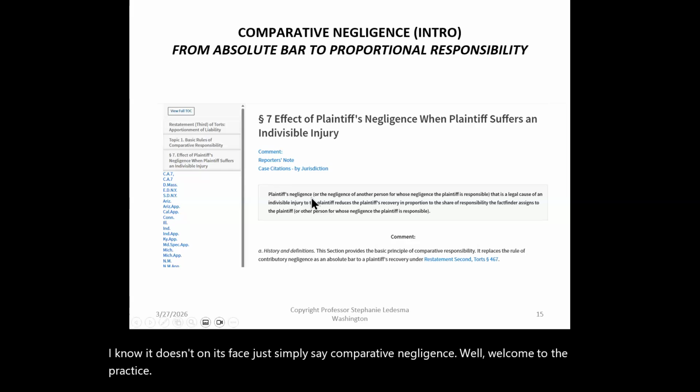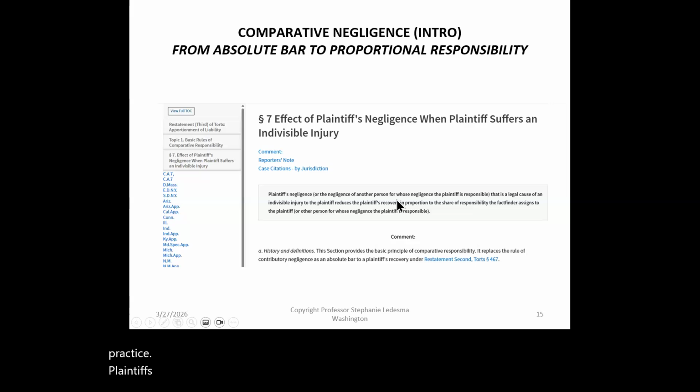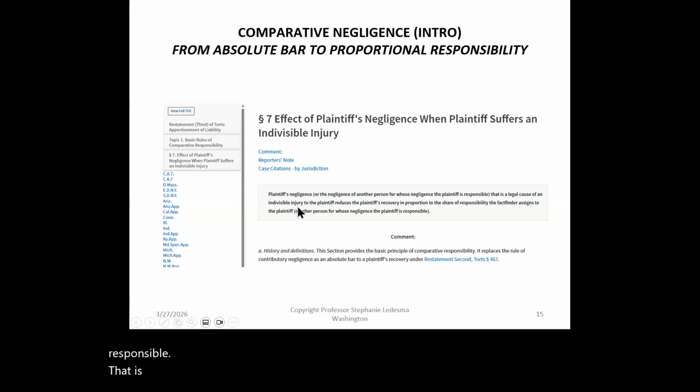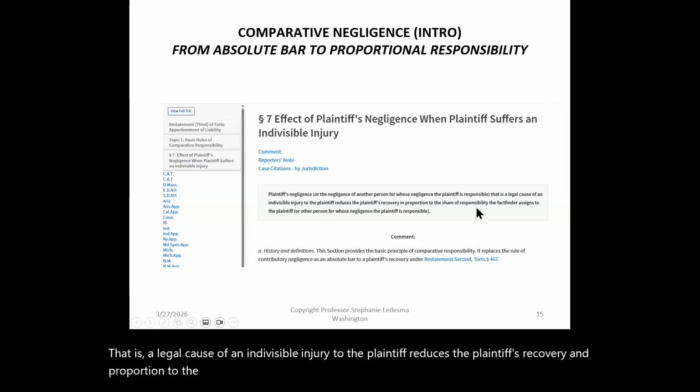Plaintiff's negligence, or the negligence of another person for whose negligence the plaintiff is responsible, that is a legal cause of an indivisible injury to the plaintiff, reduces the plaintiff's recovery in proportion to the share of responsibility. Boom.